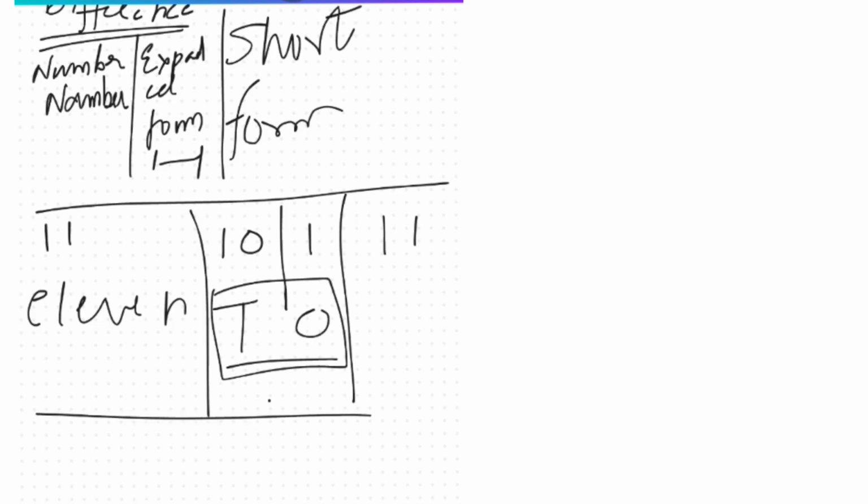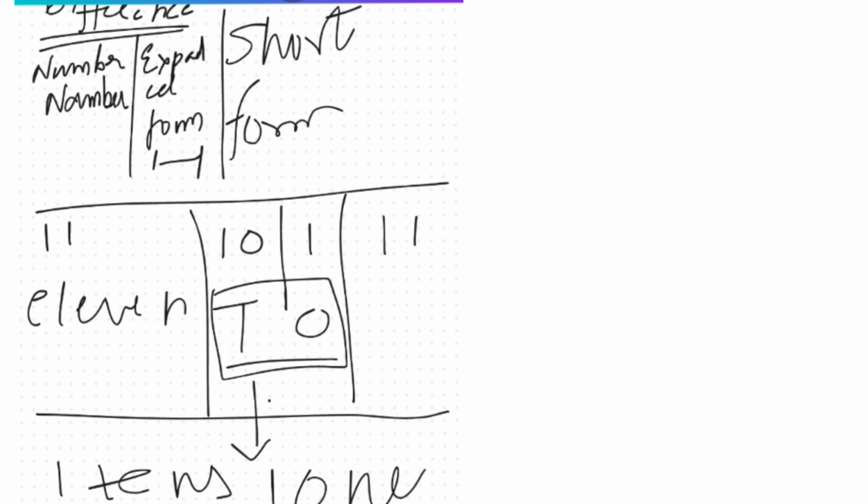Now we can write the expanded form. This is our first concept. In the expanded form we write 1 tens and 1 ones. First the number, and after that we specify the name.